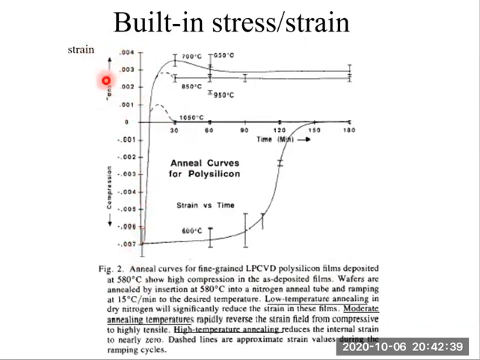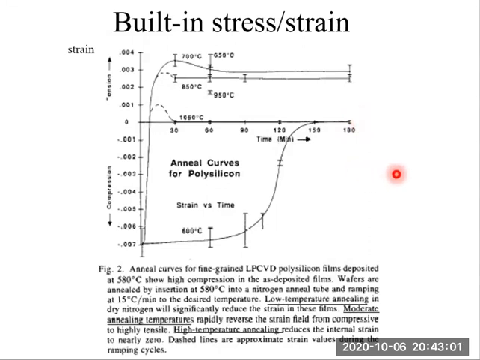The positive axis represents tensile strain. The negative part represents compressive strain. And the horizontal axis is the annealing time.